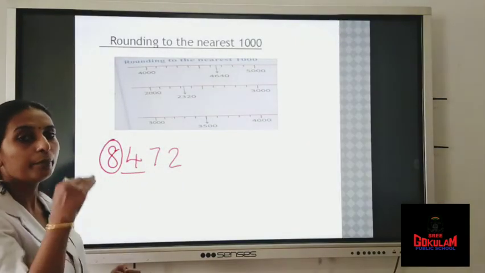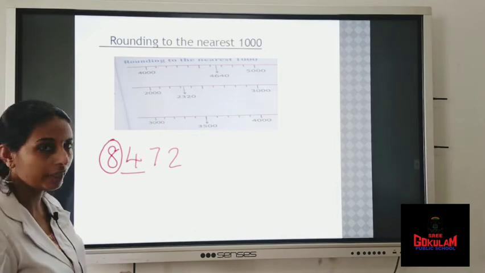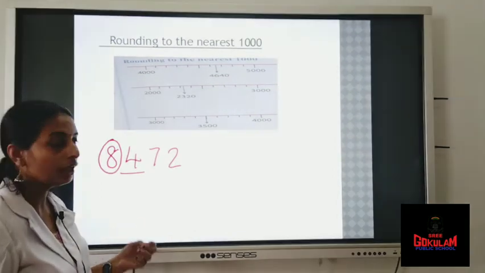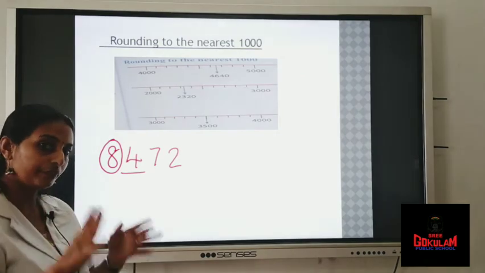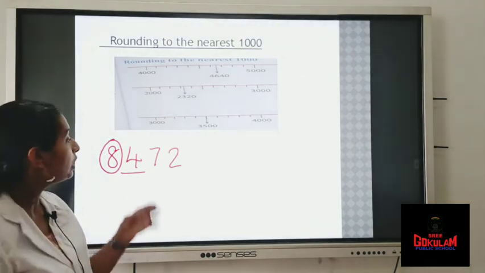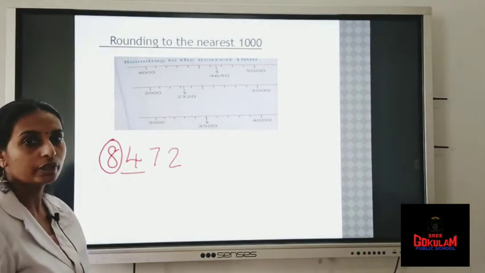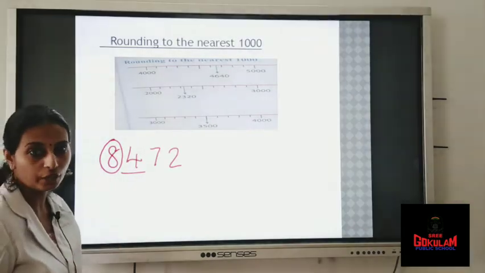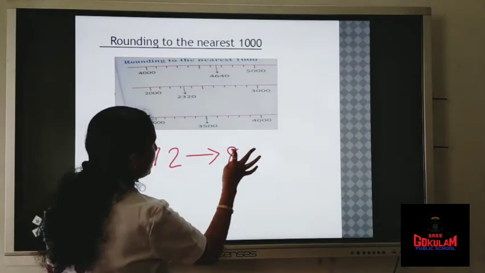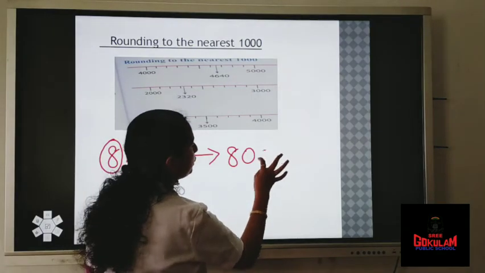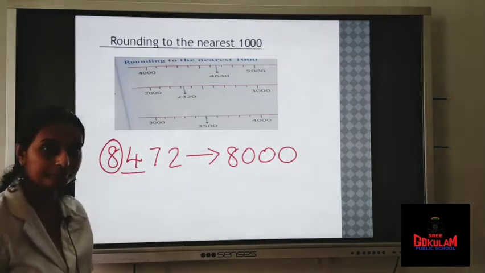Is that number above 5 or below 5? It is below 5, so we can round down. If that number is 5 or above, we can round up. Okay, here we have to round down. So the same number we can write 8, and the other places we can put 0.